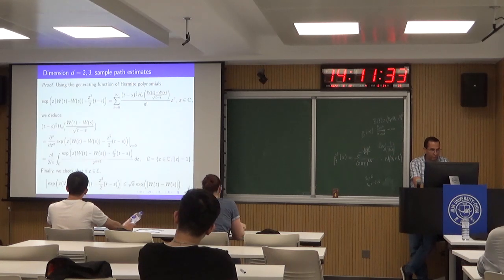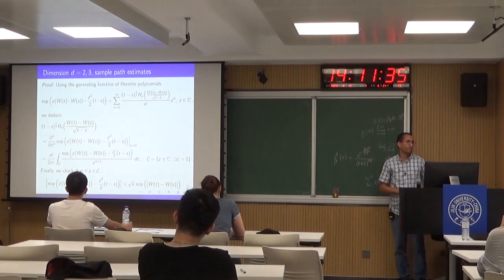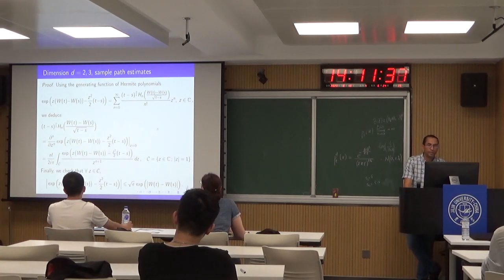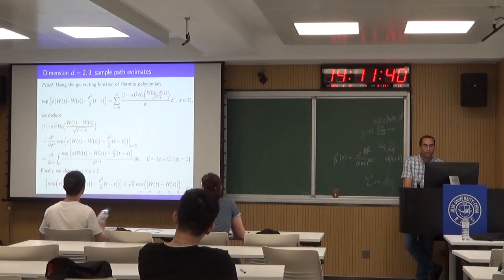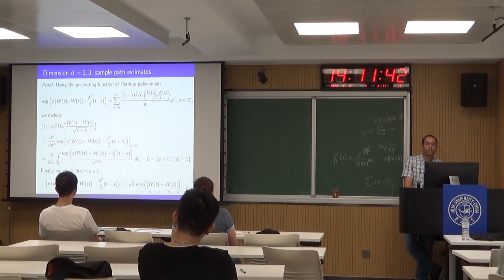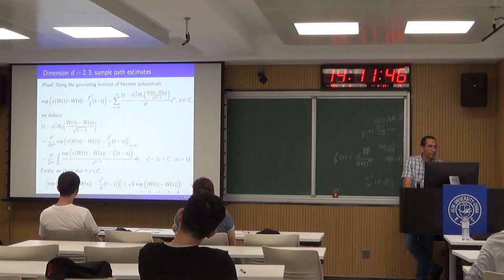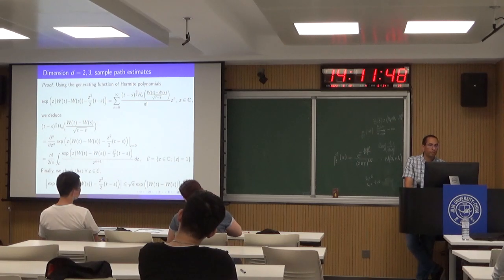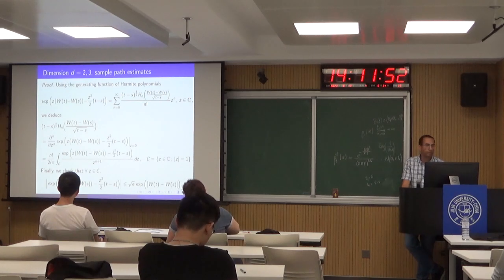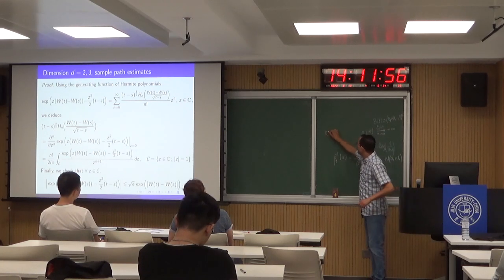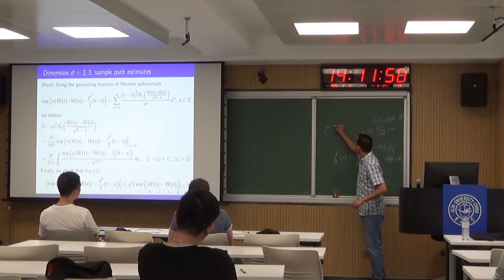So for the proof, first, the Hermite polynomial of W_t minus W_s divided by the square root of t minus s can appear in the generating function of Hermite polynomials. I think I showed this yesterday. It is the function exponent of tx minus t squared over 2.